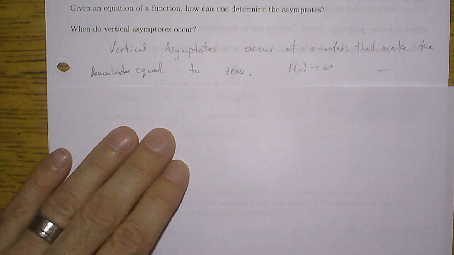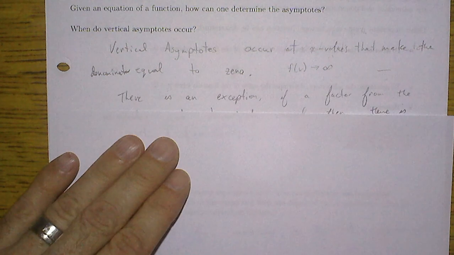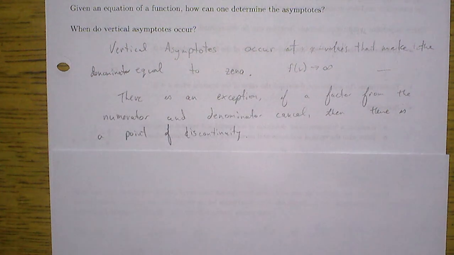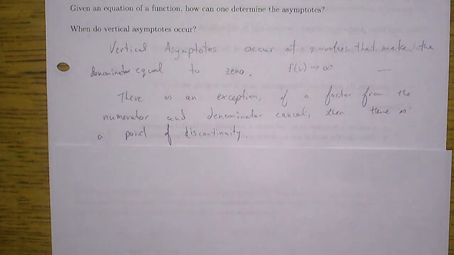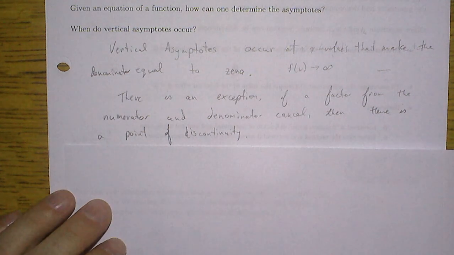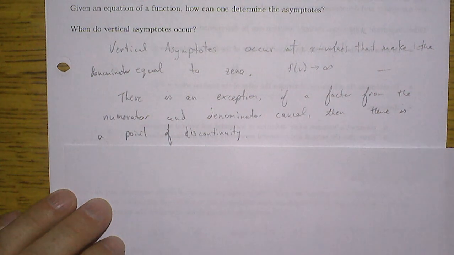There is an exception that we saw. If a factor is canceled from the numerator and denominator, then there is a point of discontinuity. So if you're canceling out factors, you may no longer have an asymptote. If you cancel out that factor at the corresponding x value, there will be a point of discontinuity, which is essentially a hole in the graph that I showed you.